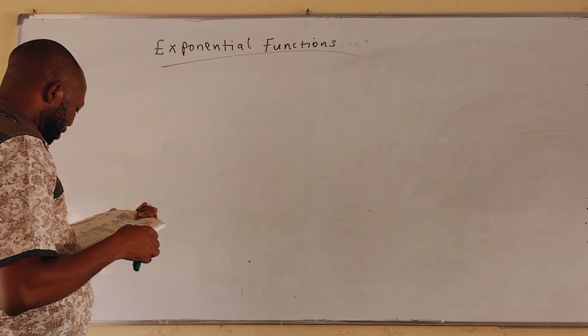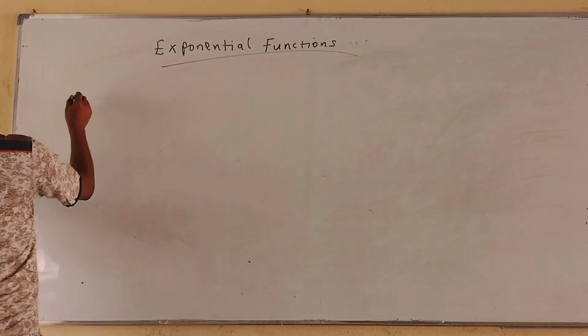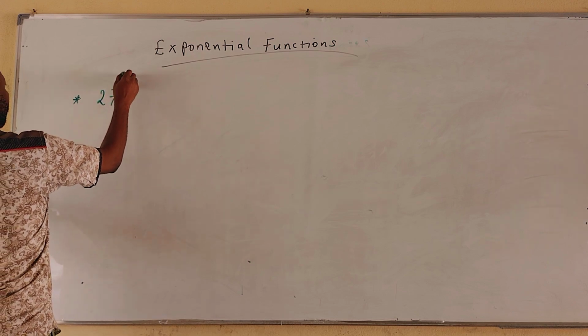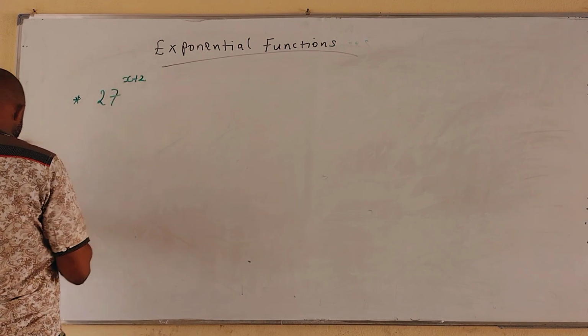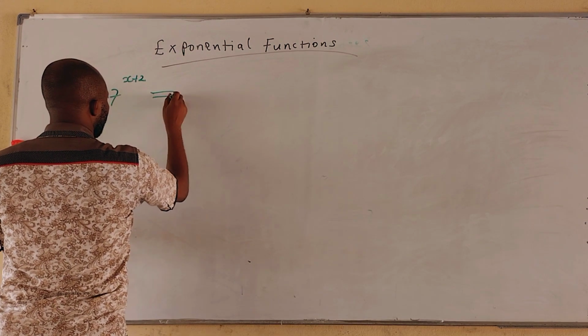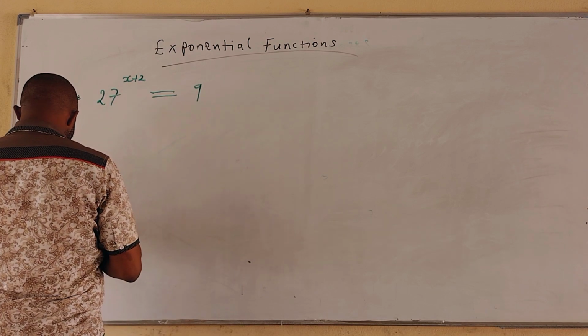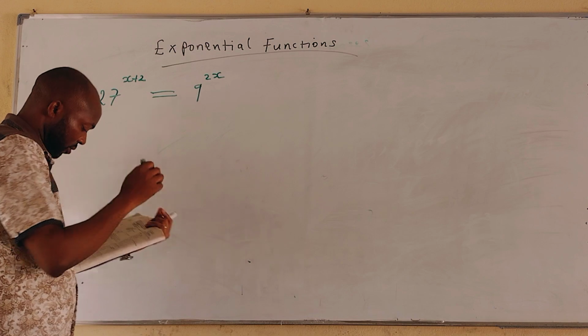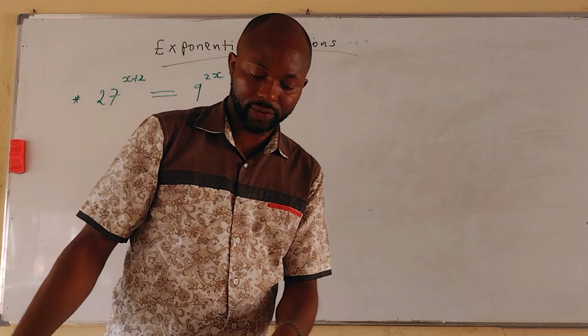So we go. Let's see more. 27 raised to the power x plus 2 is equal to 9 raised to the power 2x.